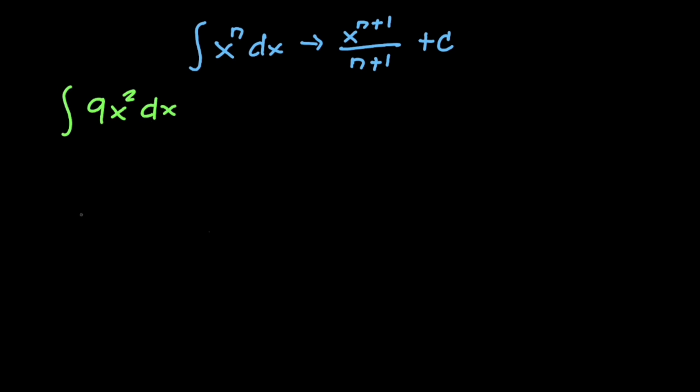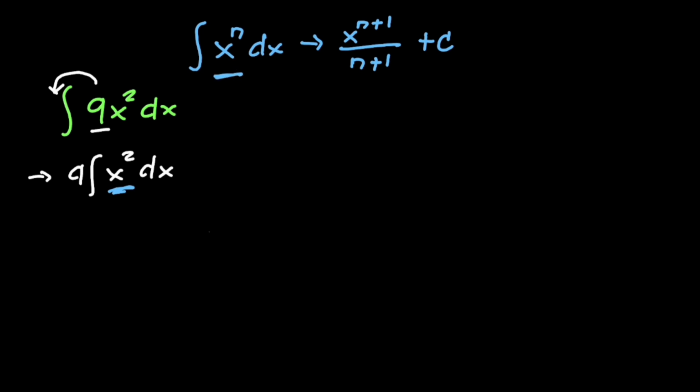Now, just a quick note, the reason why we are putting the number outside the integration is to simplify. Take it like this, 9 multiplied by the integration of x squared dx. As you can see, this x squared corresponds to this formula.